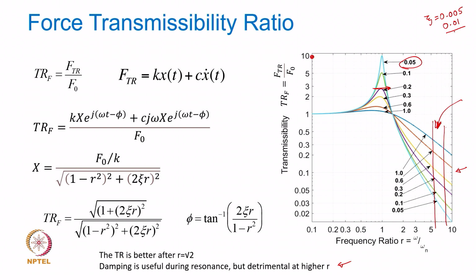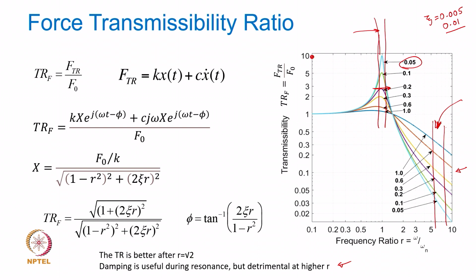So, you can imagine what will happen with 0.01, right, and then some intelligent damping can be designed. Of course, this is a little far fetched, but it is still realistic that you design your systems so that when you are passing through this region, you activate certain external damping mechanisms.